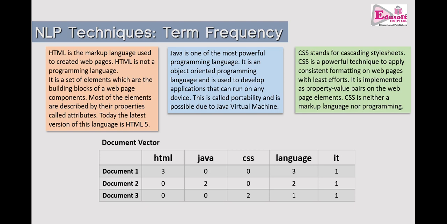So we have taken out the vocabulary and the frequency document-wise. These two features are taken out. That is called the bag of words, BOW approach. And this particular arrangement is called a document vector. A document vector is nothing but a set of numbers which describes how many times some vocabulary has appeared in different documents. So that is the BOW approach.